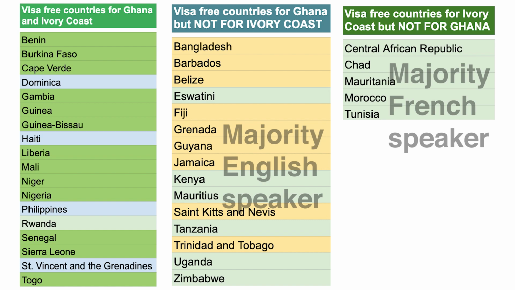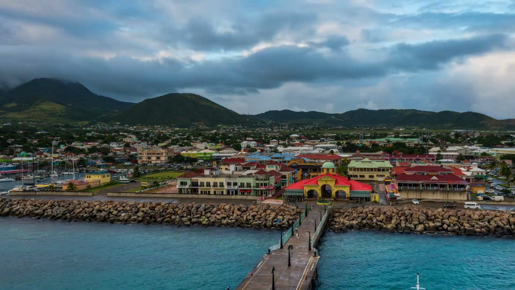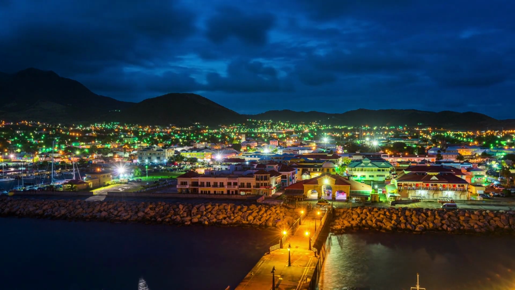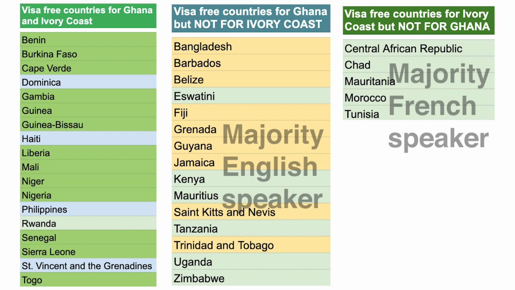Say for example, maybe Ghanaians have a lot more relationship with Jamaica, because they also have a lot of English speakers, or maybe Kenya, they have a lot of English speakers compared to say Chad or Central African Republic, that are mainly French speakers. So I don't know, maybe there is something about that that is the reason why they can visit visa free. And yeah, I just thought I should mention that. That's something that jumped out at me.